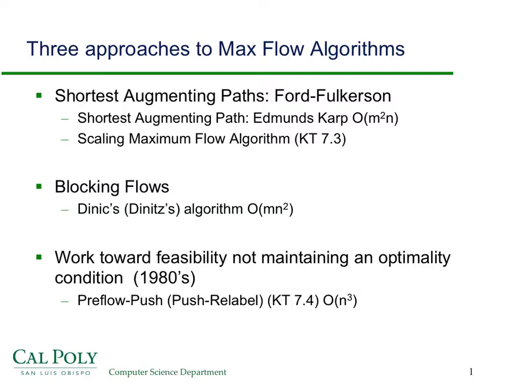It's theoretically faster than the shortest augmenting paths algorithm, and in fact is generally faster in practice. But today I want to focus again on an algorithm that's theoretically the fastest of all these algorithms, and is also very good in practice, the push relabel algorithm.